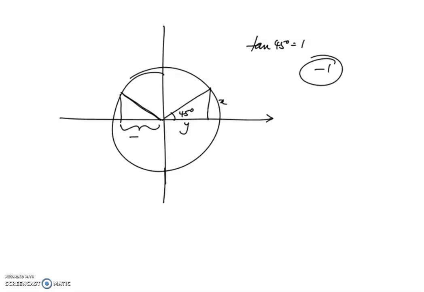So if we pick the point minus 1 and 1, or they're equal, then in that case the tangent, which would be the ratio of these two, would be minus 1.